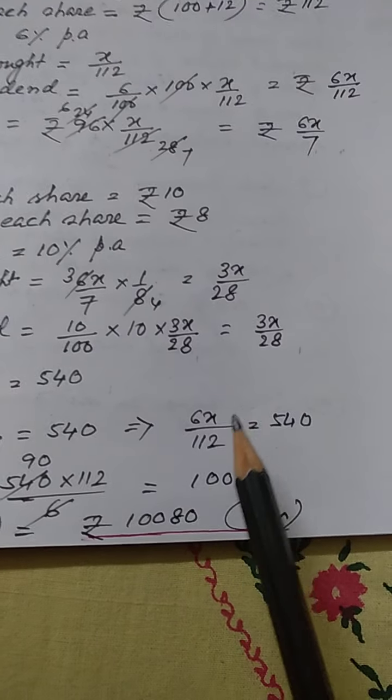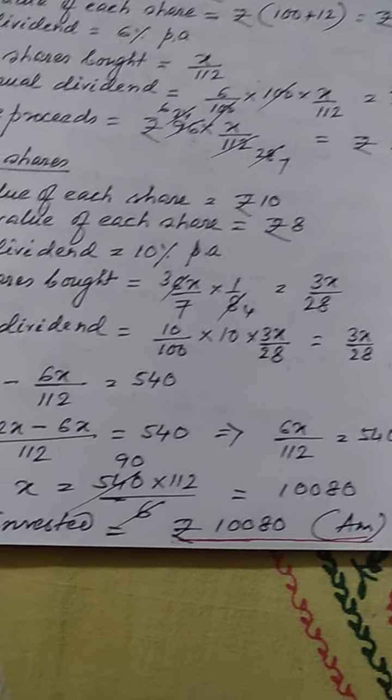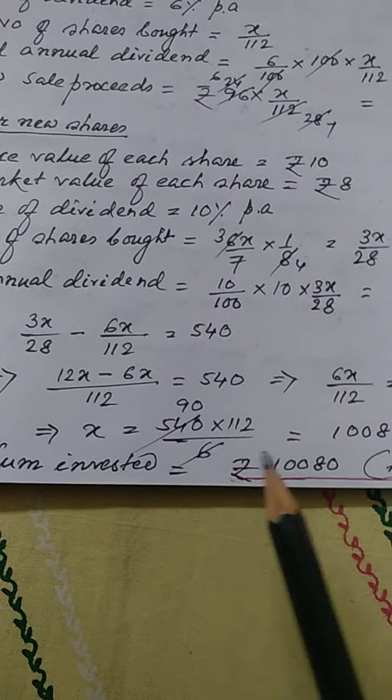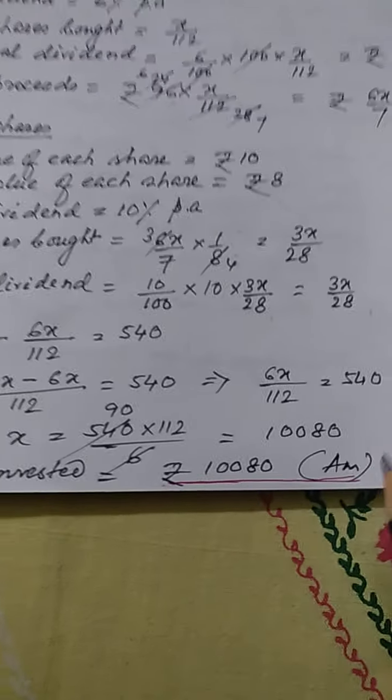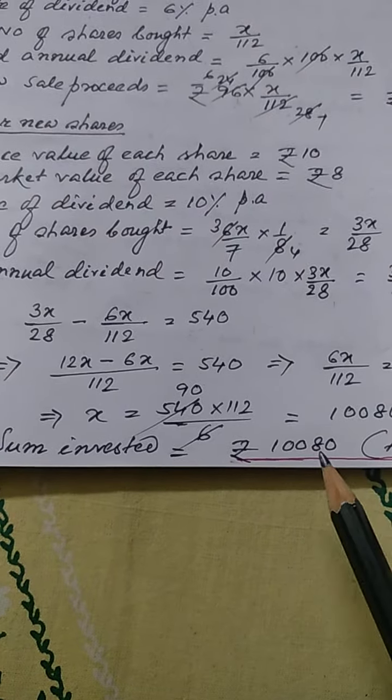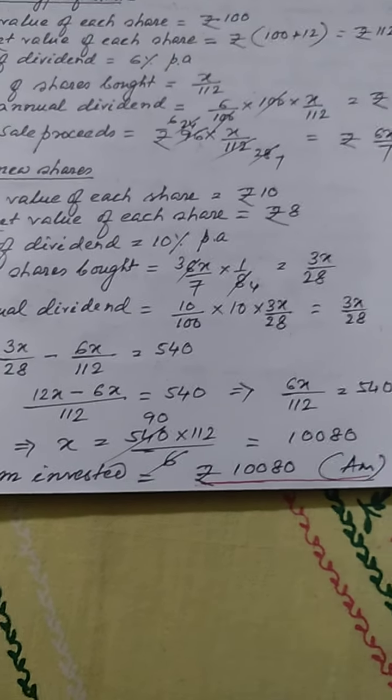Then 6X by 112 equal to 540, and X equals 540 into 112 by 6. Solving it, it's coming 10,080. So the sum invested here is 10,080. This is the answer.